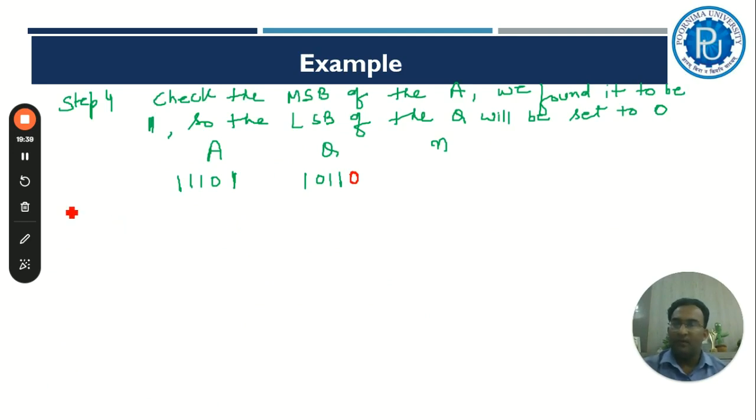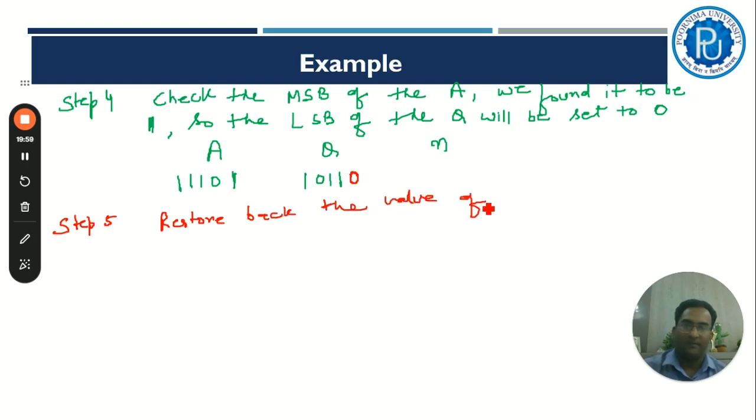Now step number 4, we have done this. Now step number 5 is what? Step number 5 is we have to restore back the value of A register there. So how we are going to restore?